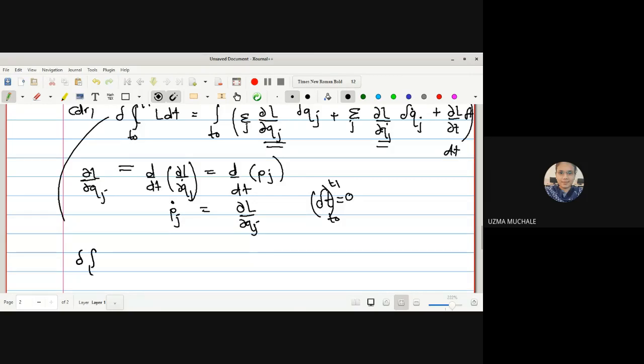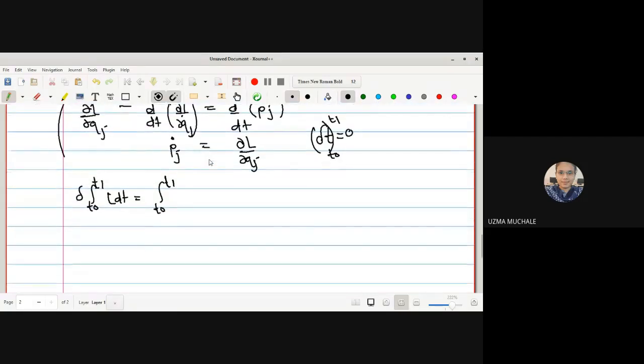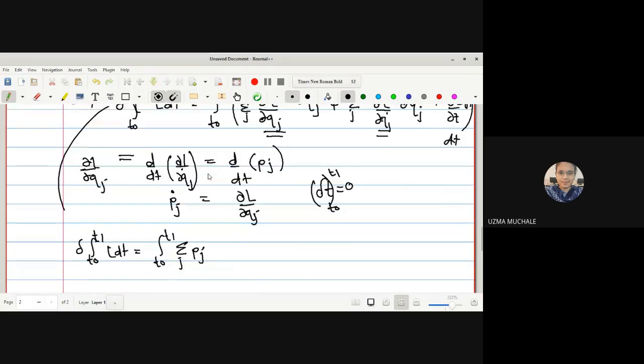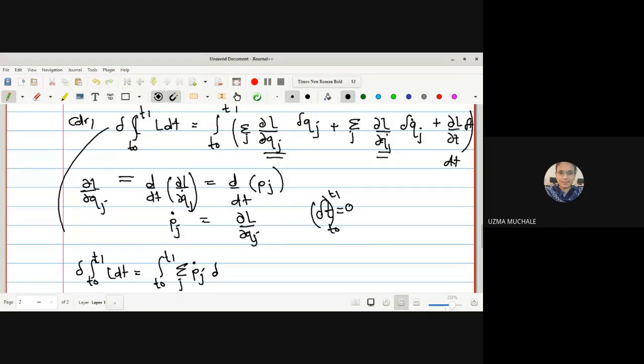After substituting all those values, delta integration t naught to t1 L dt equals integration t naught to t1 of the summation over j as it is, L with respect to Qj is Pj dot, into delta Qj, plus this summation as it is, L with respect to Qj dot is nothing but your Pj, into delta Qj dot, plus this term is 0 since delta t within the limit t naught to t1 is 0.